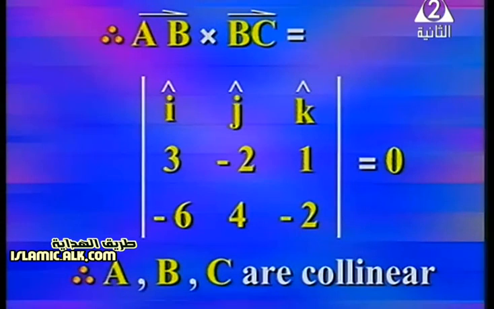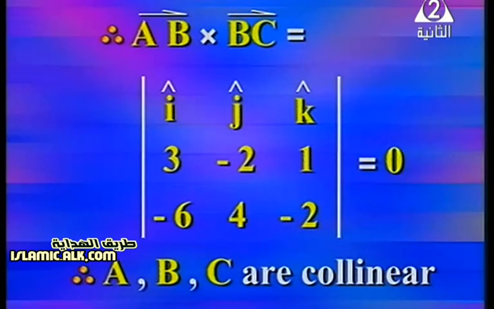When we prove that A, B, and C are collinear, we must prove AB vector cross BC vector, its determinant, equals 0. In this case, we say that A, B, and C are collinear. This is the condition of collinearity.